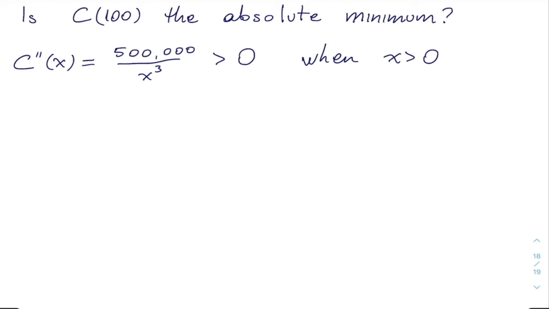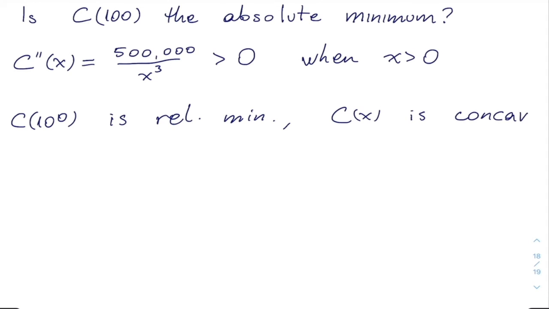So from this we find two things. The first one is that we have a relative minimum and C of x is concave up.